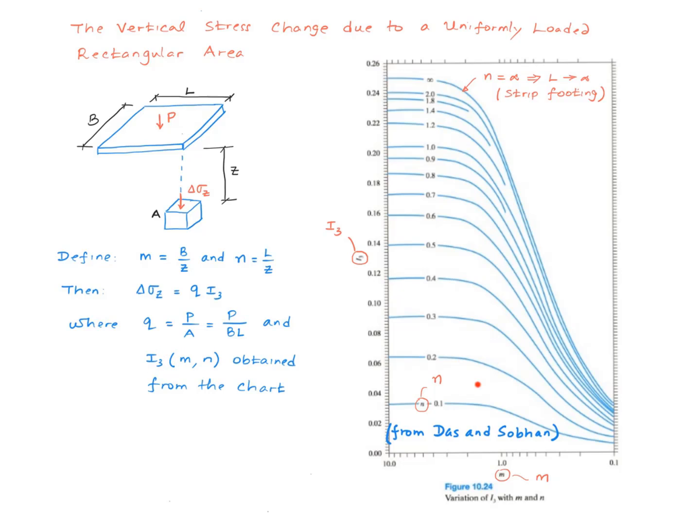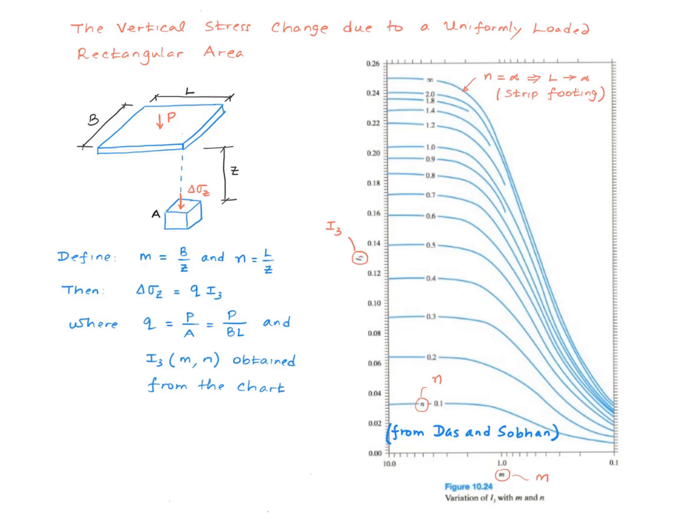This chart over here presents the solution. On the horizontal axis, we have little m. On the vertical axis, we have the influence factor I3, and then each of these curves corresponds to a specific value of little n.